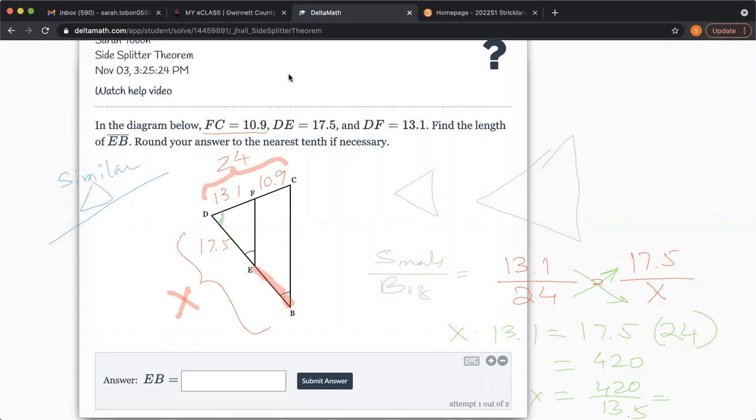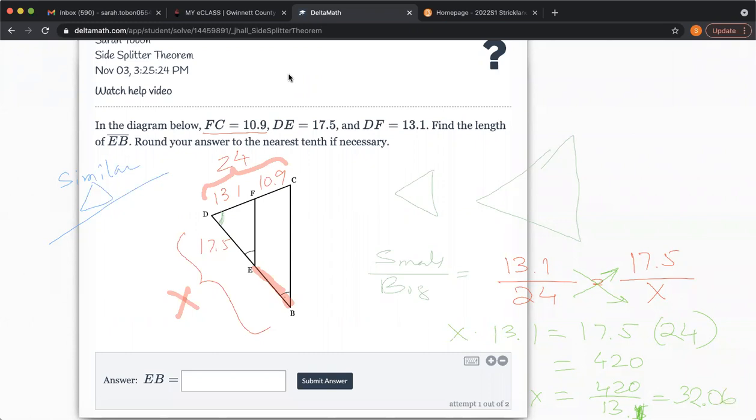420 divided by 13.1, not 13.5. That's 32.06. Okay. 32.06.